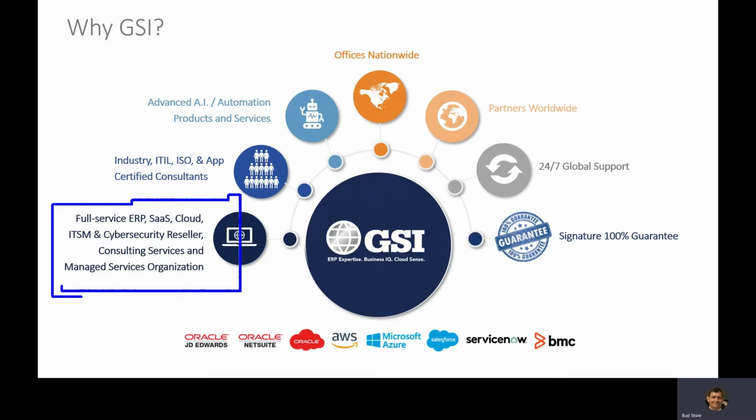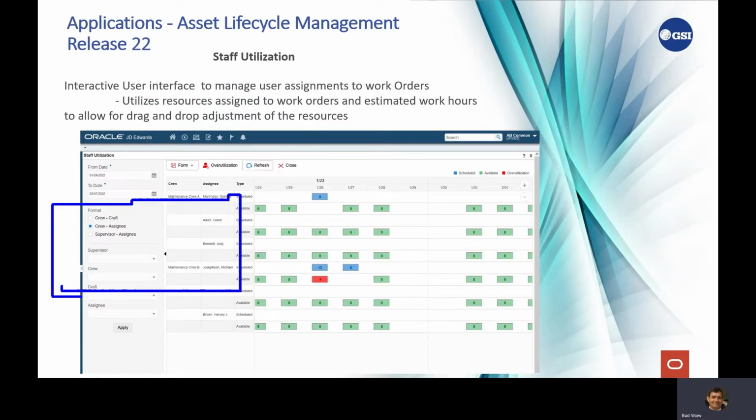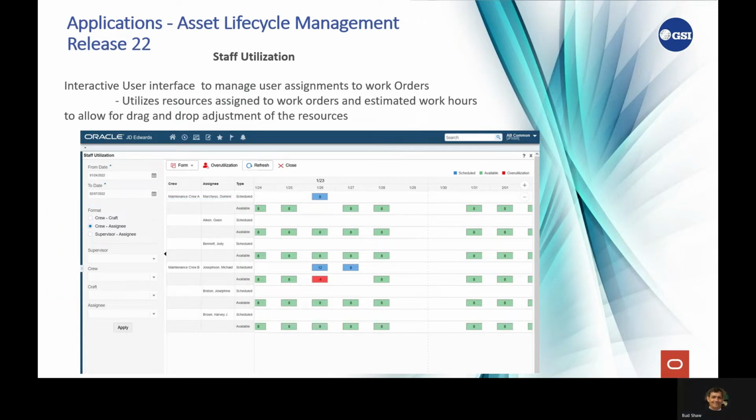Okay. In Release 22, this new module came out called Staff Utilization, actually a new application, which is an interactive user interface to manage the users that have been assigned to work orders, primarily focusing in on capital asset maintenance and service work orders.